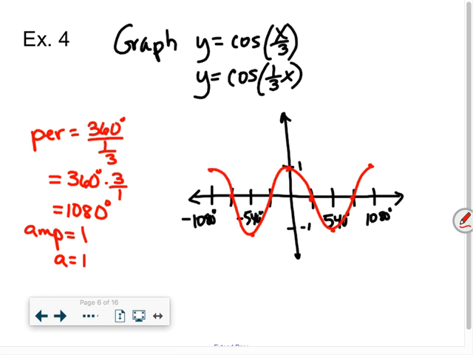So even though this looks a lot like the last one, it really isn't. 180, how many times would 180 go into 1,080? I'm going to grab my calculator and figure that out.